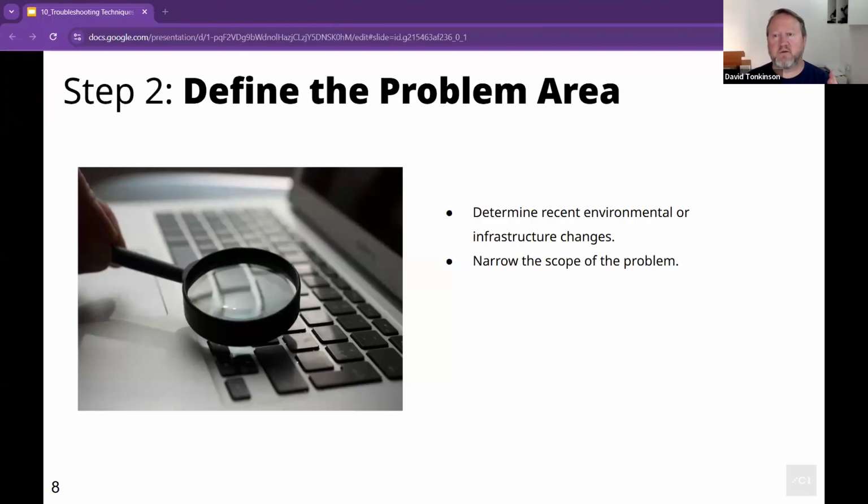A lot of people will come to you with a very vague area of things crashing. My computer's rubbish, it keeps falling over. When does it fall over? Is it when you start a particular application? Or is it when you do a particular print job? Or is it during an update for the antivirus system? Okay, so we've got to narrow it down to what they are doing when it basically crashes.